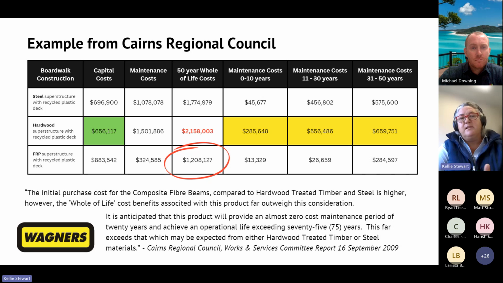So Cairns Regional Council actually forecast a saving of more than $1.1 million in maintenance costs over the lifetime of Katana Boardwalk by looking at the total cost of ownership and selecting FRP despite it being more expensive initially.